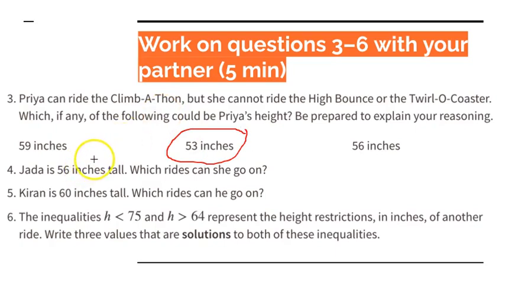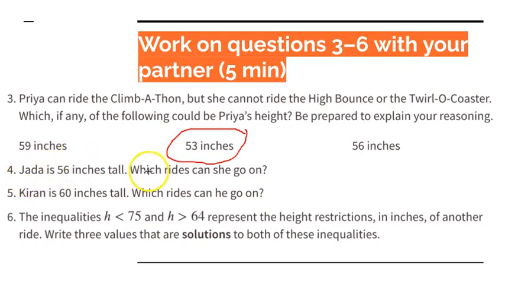For the other rides, you had to be at least 55 inches to ride. The high bounce, you had to be at least 55 inches to 72 inches. And the twirler coaster, you had to be a minimum of 58 inches. So, since this is more than 55 and this is more than 58, the only one that falls outside those ranges is 53. Makes sense.